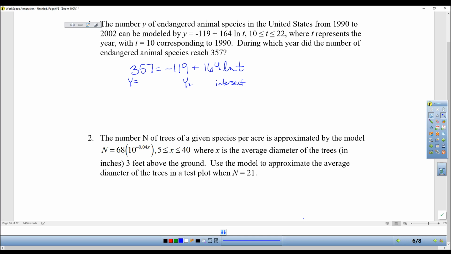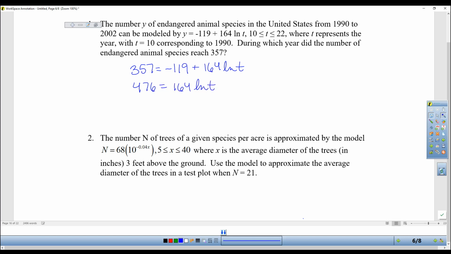Since some people don't want to take the time or struggle with plugging these both into their graphing calculator, using the intersect feature and making a good window, now you know how to do this just by algebra. So our first step is to add 119 to both sides. 357 plus 119 is 476.